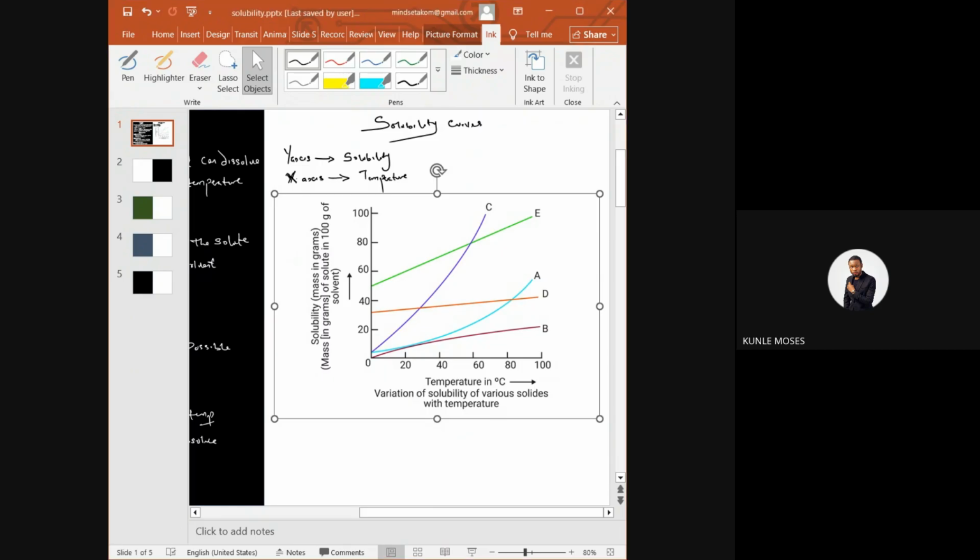So I will give you a question: how do you know which is saturated? This type of solubility curve is showing the effect of temperature on the solubility.